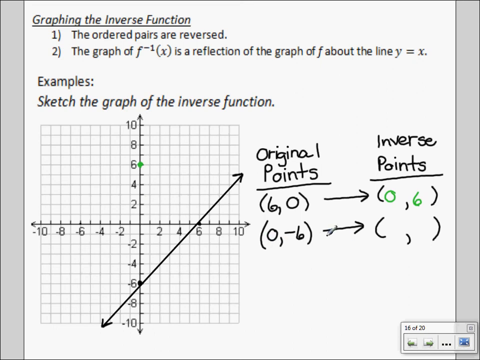And if we have (0, -6), we can just reverse it to be (-6, 0), which looks like the point would be right here. And if we connect those two points, that will be the inverse of the function presented graphically. All you have to do is reverse the coordinate pairs.